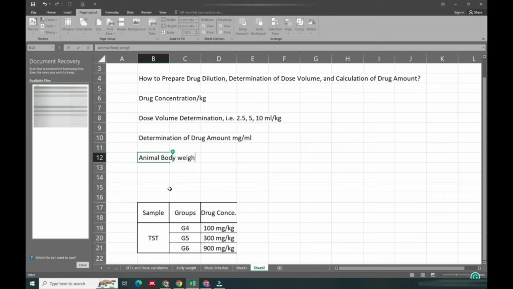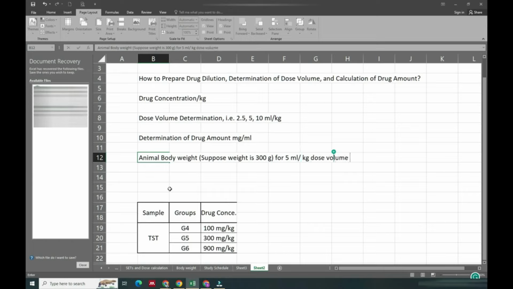Suppose we are taking 300 gram on average, meaning suppose all the groups' animals weigh around 300 gram. So we are calculating here generally for easy understanding. So I have taken here 300 gram, and for 300 gram, suppose it's a rat, so we are taking 5 ml per kg.